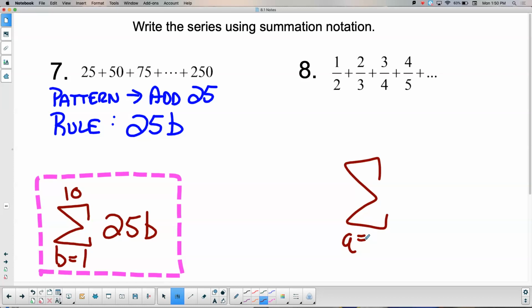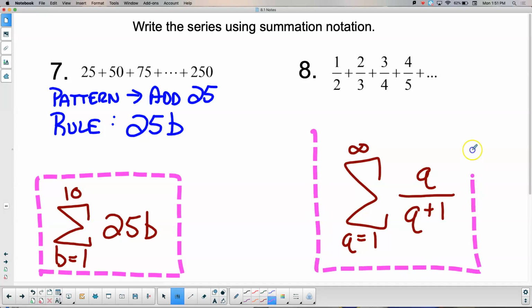Or? Q over Q. That's my pattern. That's my rule. Where do I start? Where do I end? What's wrong?